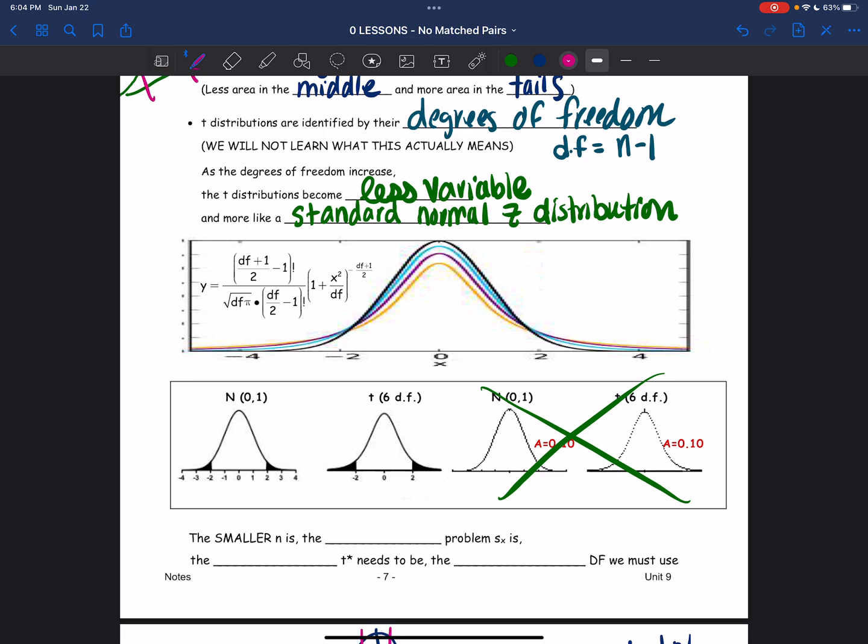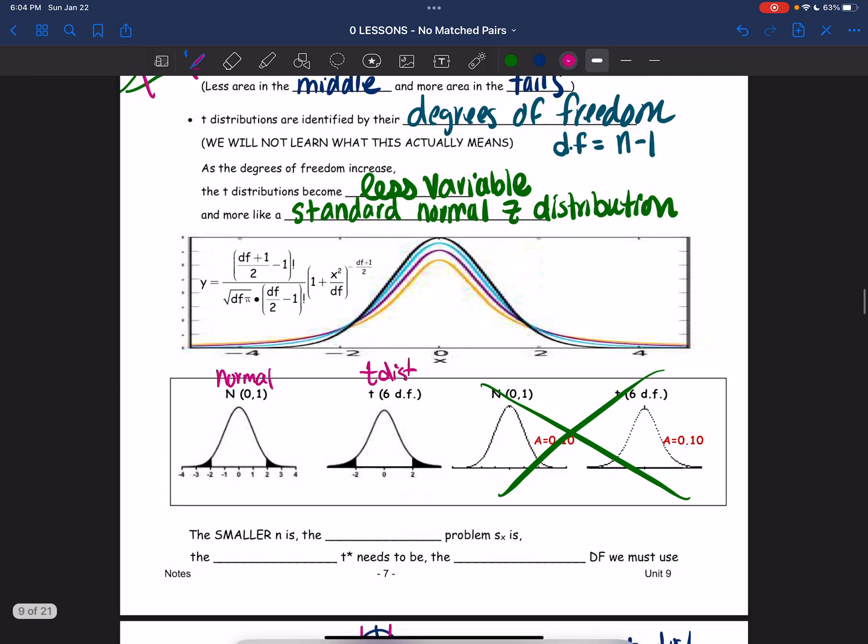So here is your normal curve, right? And here is your T distribution over here. If you look, this is where your Z-score was, right there, and your Z-score would be right there, cutting it off. Over here, now we don't have Z-scores. We have these things called critical values. So this would be my T-star and my T-star.